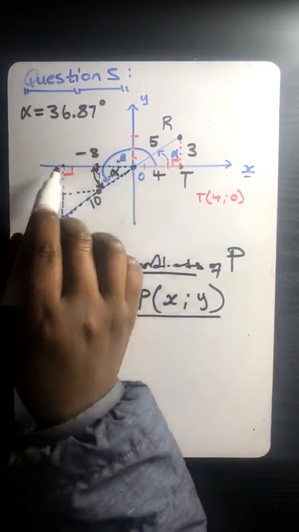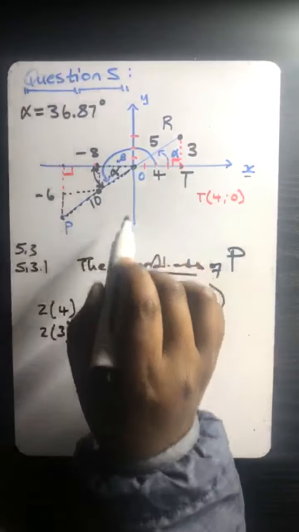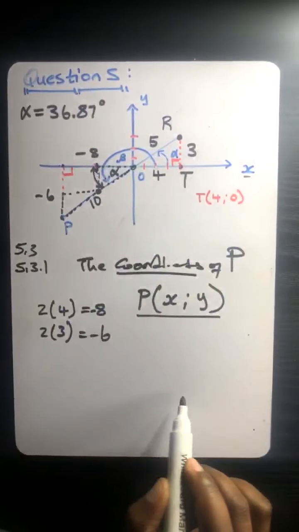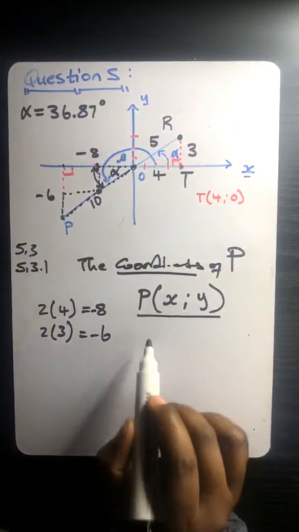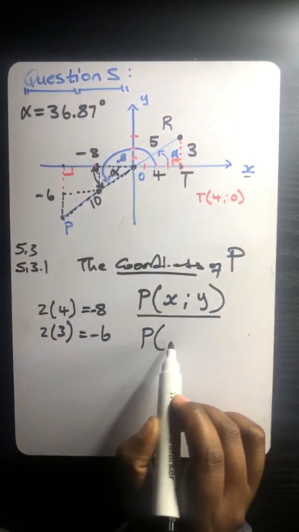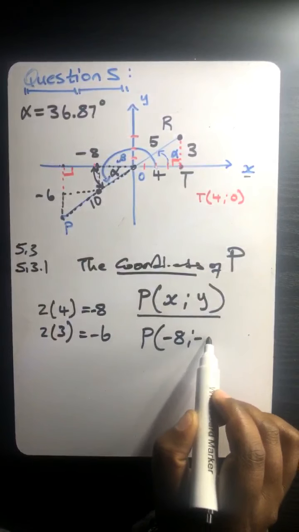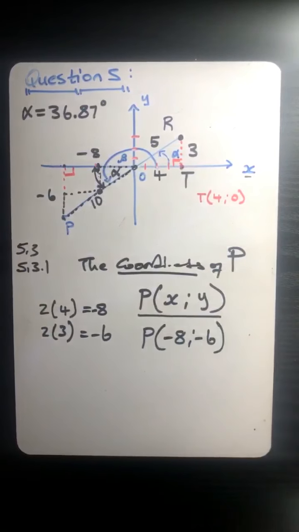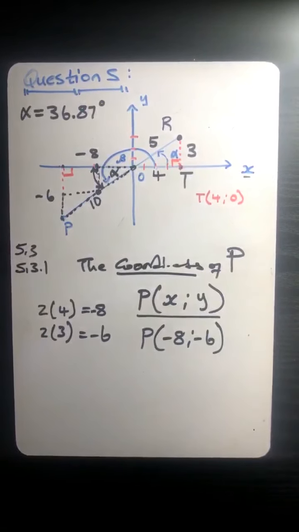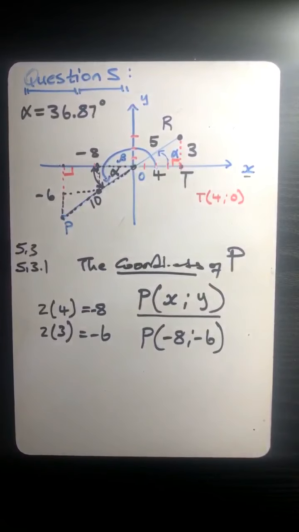But knowing that it's on this side of the y-axis, it's negative 6. So my conclusion would be x is negative 8, and then y? It's negative 6.